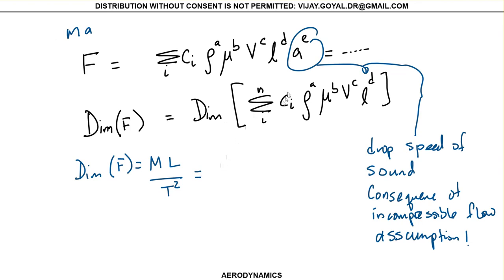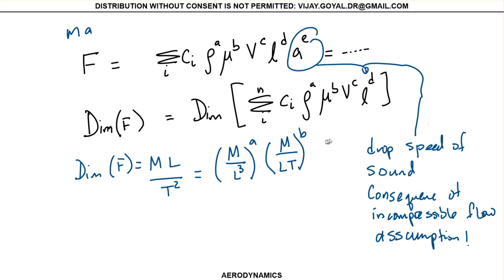I have the first term, let's say only one term. I have mass over length cubed to the power A. And my viscosity is mass divided by length times time.